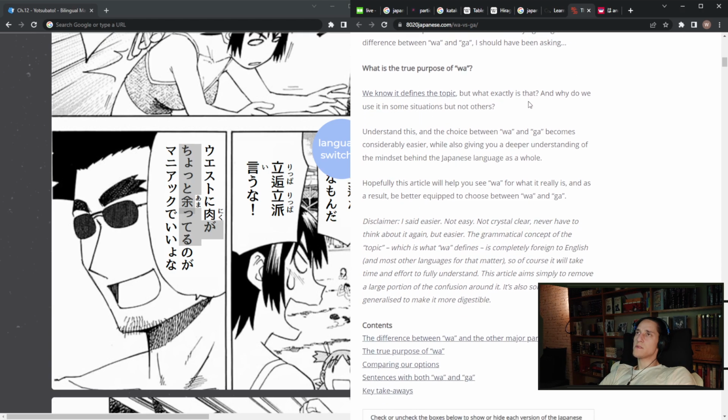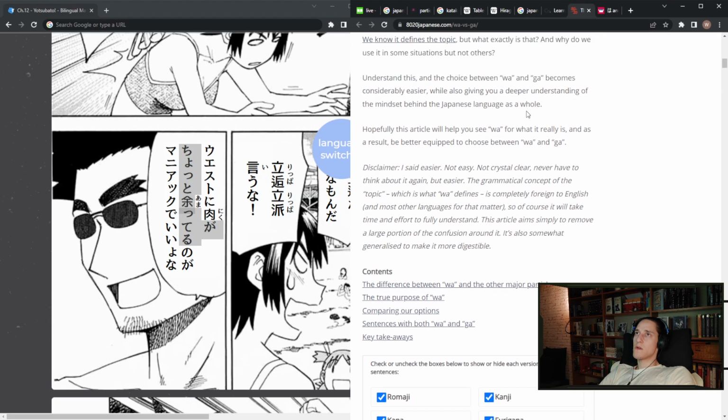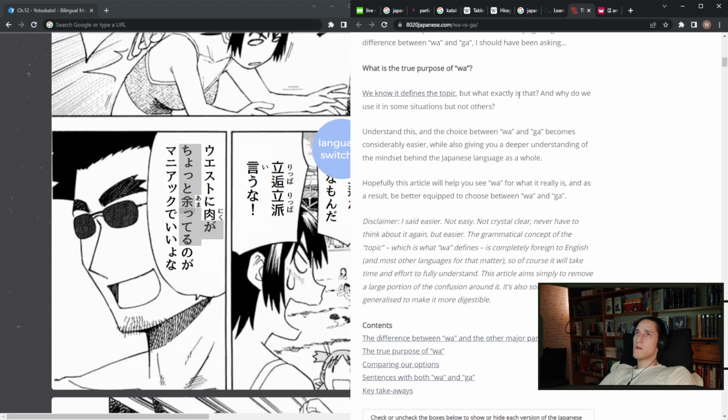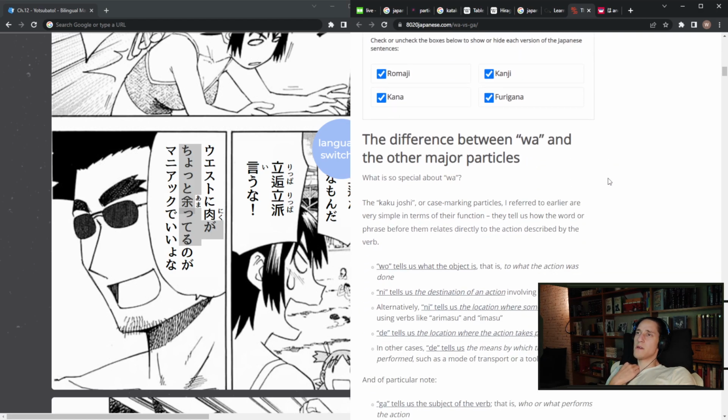We know it defines a topic, but what exactly is that and why do we use it? Understanding this, the choice between wa and ga becomes considerably easier while also giving you a deeper understanding of the mindset behind the Japanese language. Hopefully this article will help you see what. Oh my god. I want something easy, dudes.